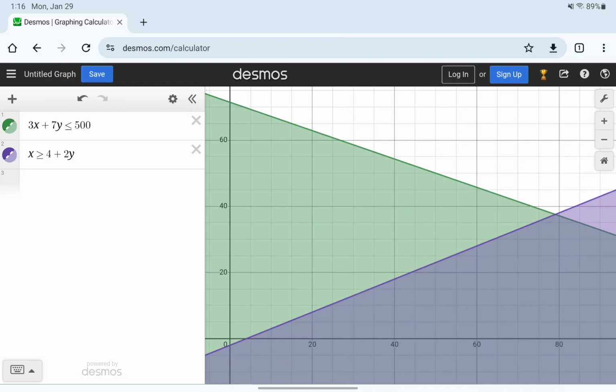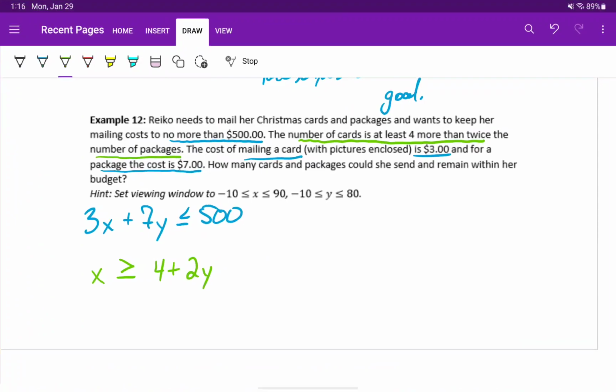And again, we just want to pick a single xy coordinate pair that's in the solution region for this system of inequalities. In this case, I'm going to go with (80, 20). But we could also choose a variety of other answers like (10, 0), anything that's in this range.